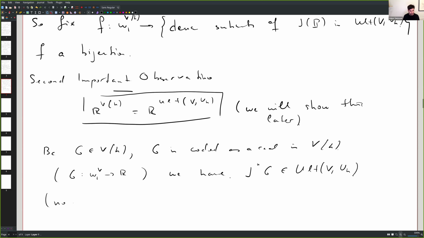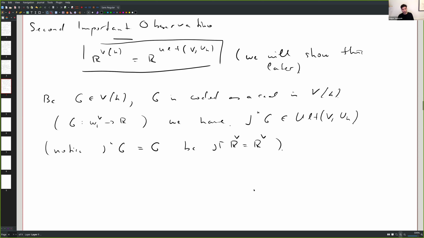Notice JG is just G, because J restricted to R is just the identity on R. Reals don't move when you apply elementary embeddings. Okay, so what we do is we use F.